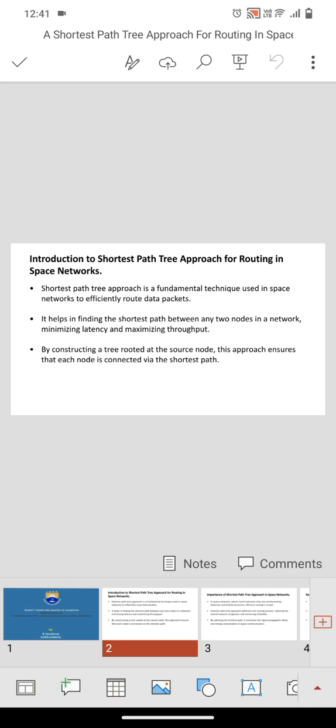It helps in finding the shortest path between any two nodes in a network, minimizing latency and maximizing throughput. By constructing a tree rooted at the source node, this approach ensures that each node is connected via the shortest path.